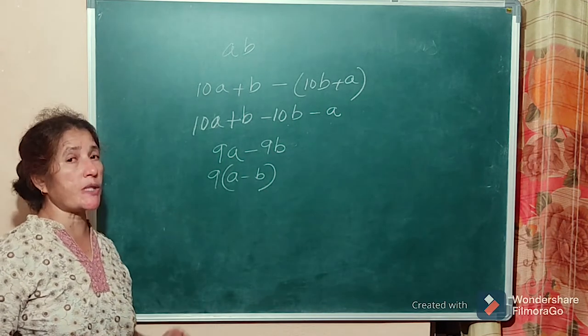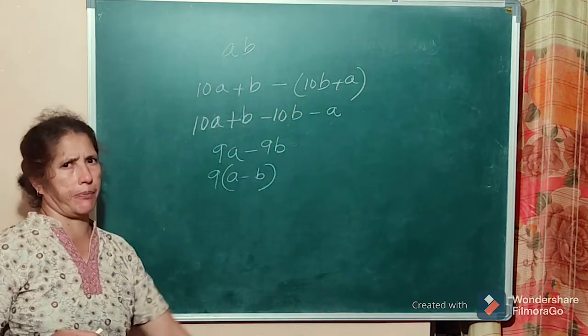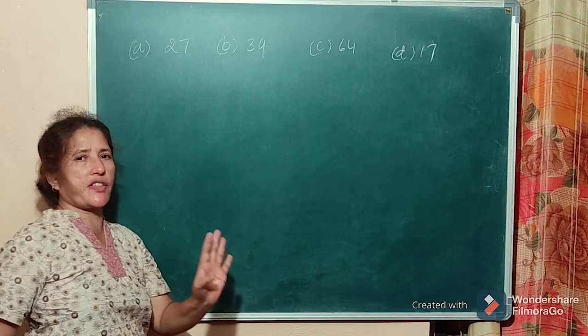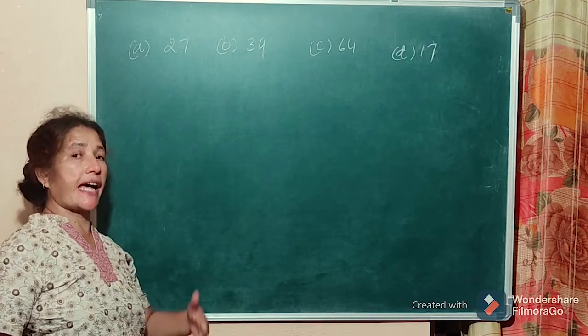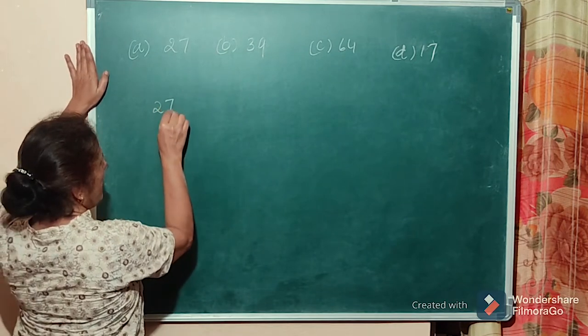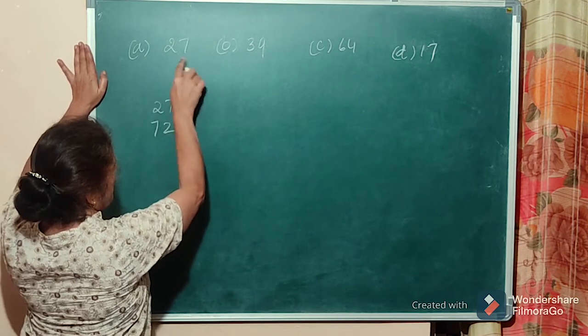Now let me work out some of the problems based on addition and subtraction from the textbook. They have given these 4 questions. Try these. First one is add. So I'll do 27 plus 72. When you reverse, 72.